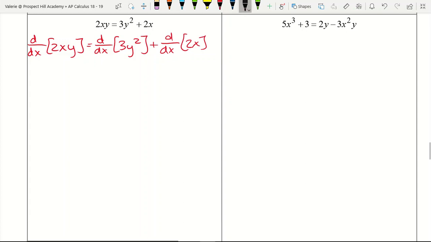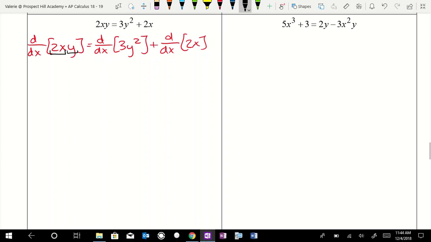So for this problem, if you look on the left side, we want the derivative of 2xy. If you look closely, 2xy is a product of 2 variables, which means we're going to need to use product rule for this problem on that left side.